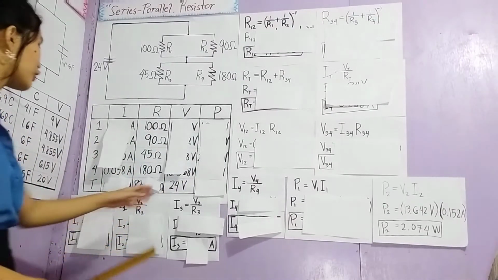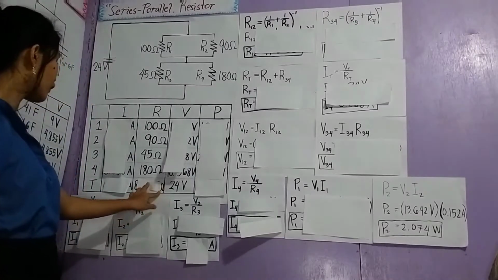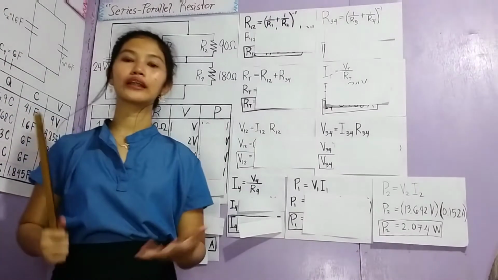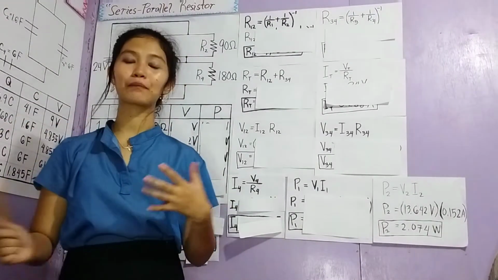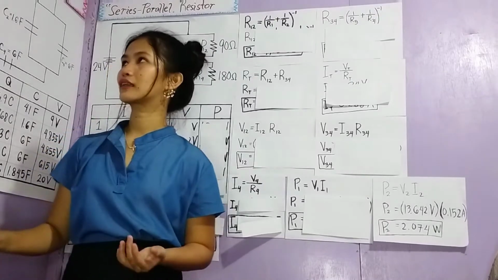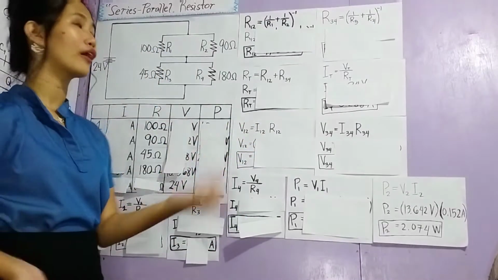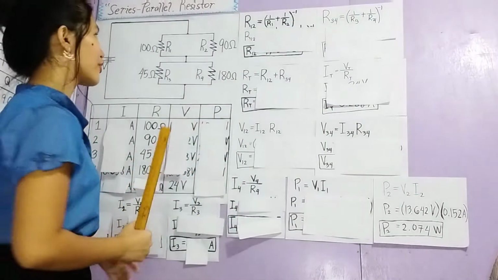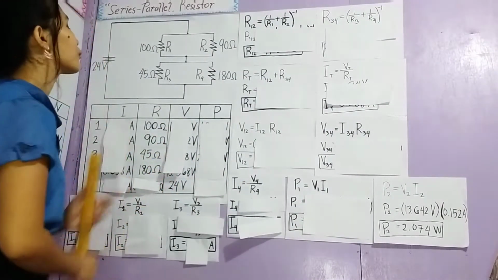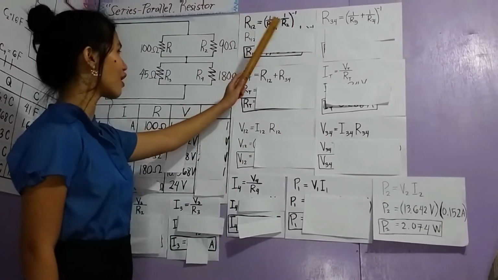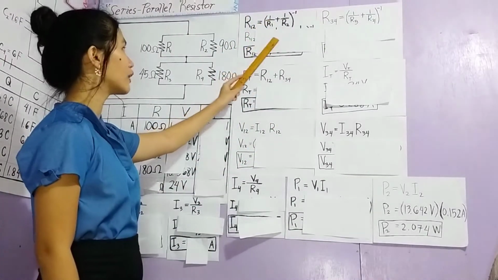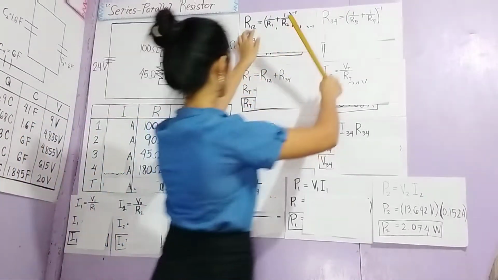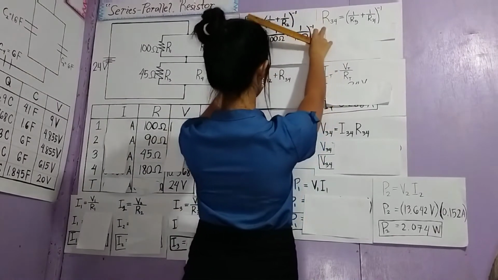So first we're going to find for the R total. But like what we did in the series parallel capacitor, if it is a combination or parallel, R1 and R2, we are going to first find for the R12. So using the formula, we have 1 over R1 plus 1 over R2 times negative 1, and put down the given value.